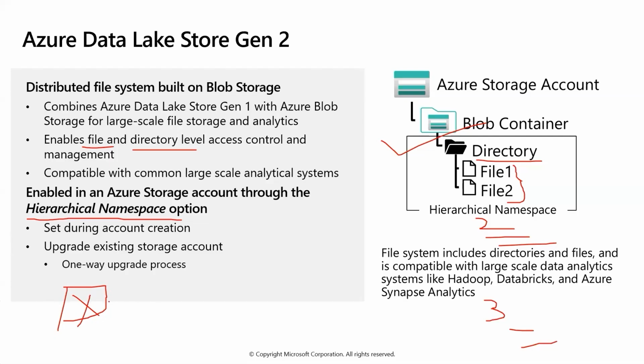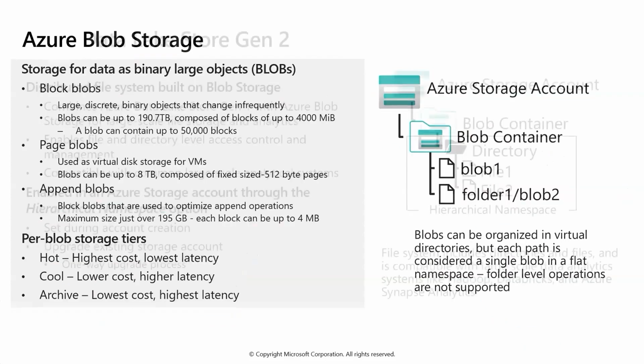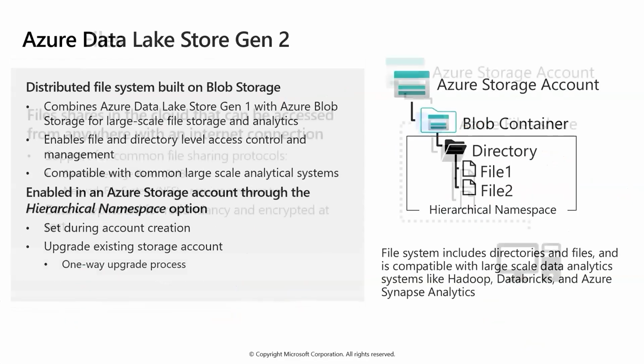Now, if you want to upgrade this so that you end up creating an ADLS Gen 2 container that has this kind of hierarchy support inside it, you can upgrade it. However, it is a one-way upgrade, which means you will not be able to downgrade it back to your blob storage account. Okay, it's a one-way upgrade process. All right, so let's move ahead and see what we have.